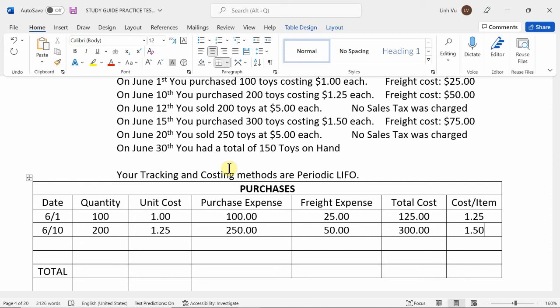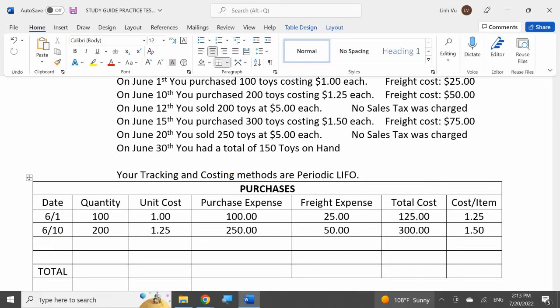What about June 15 when you purchase 300 toys? Yes, you do need to record that because we purchased inventory.